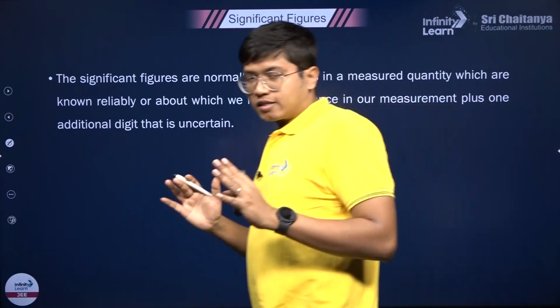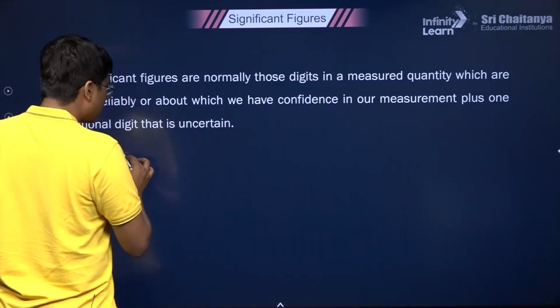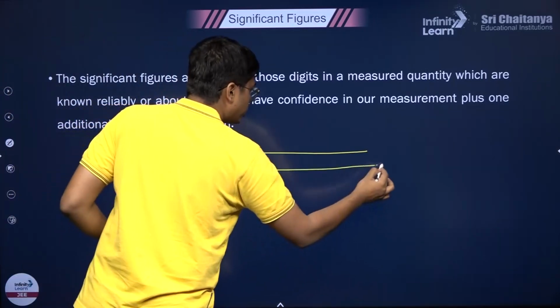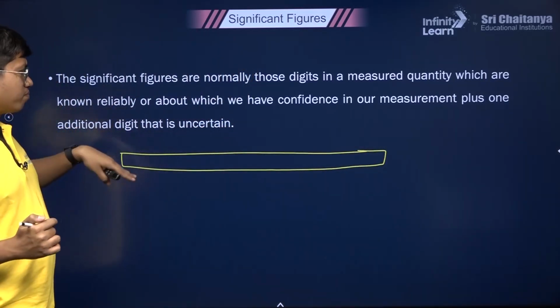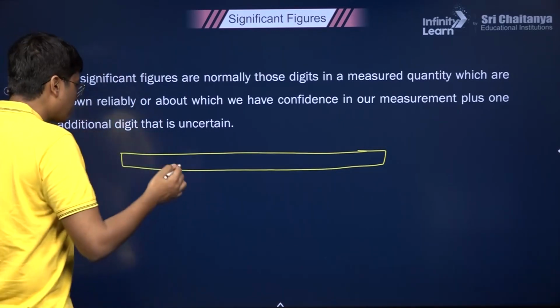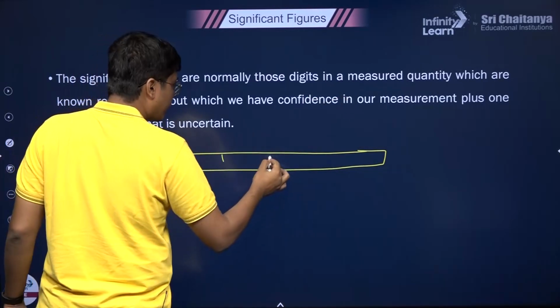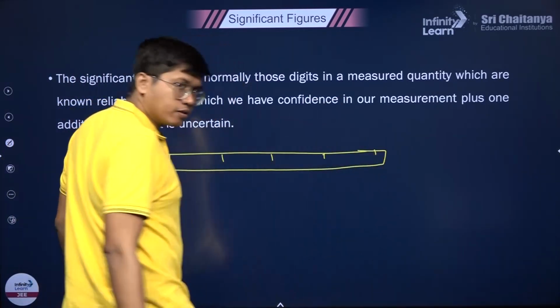To explain this, let's look at a scale. Say we have a big scale over here with markings, maybe a 10 meter scale, or maybe a 5 meter scale. This is 1 meter, 2 meters, it's a really long scale. I've scaled it down: 3, 4, and this is 5 meters.